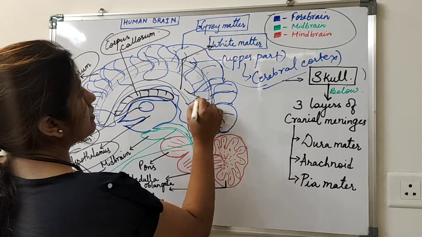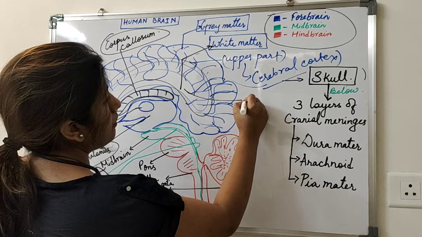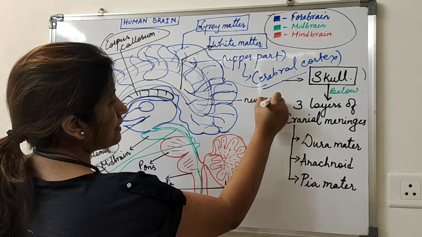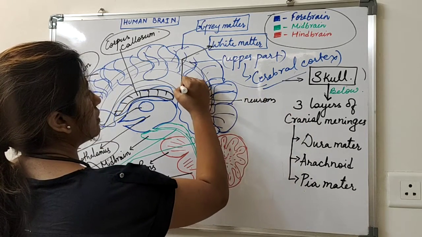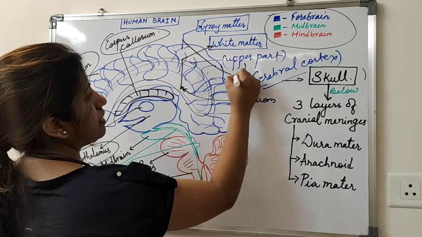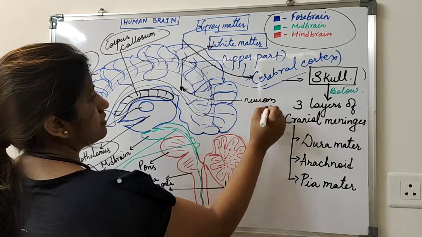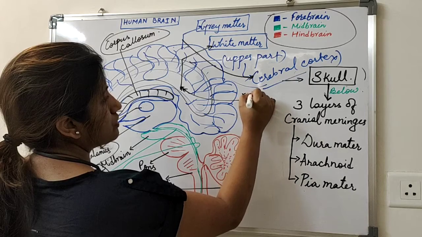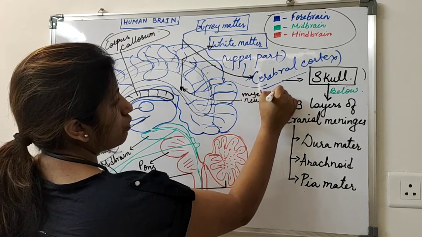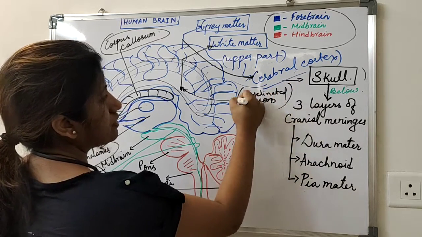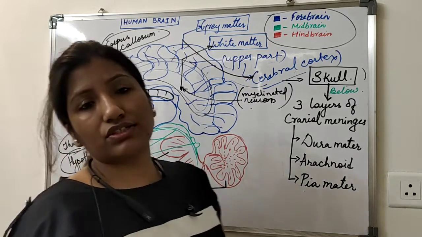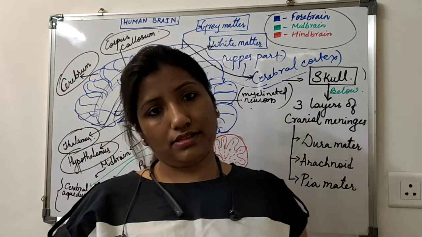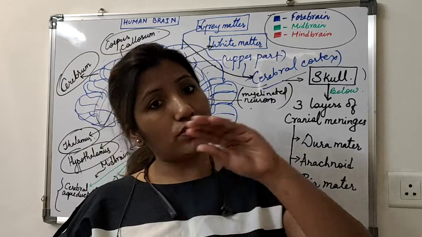And why do we call it white matter? Because it is made up of myelinated neurons. Grey matter is the cerebral cortex, and white matter is the myelinated neurons. Now what are these myelinated neurons? If we recall the structure of the neuron, it has a myelin sheath around the axon.